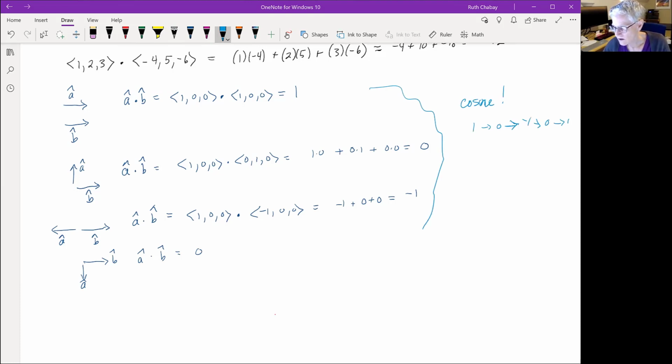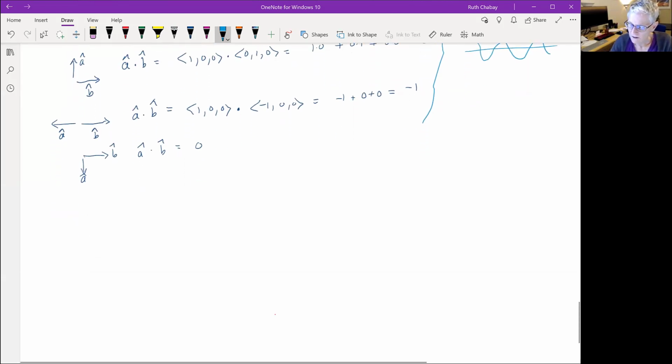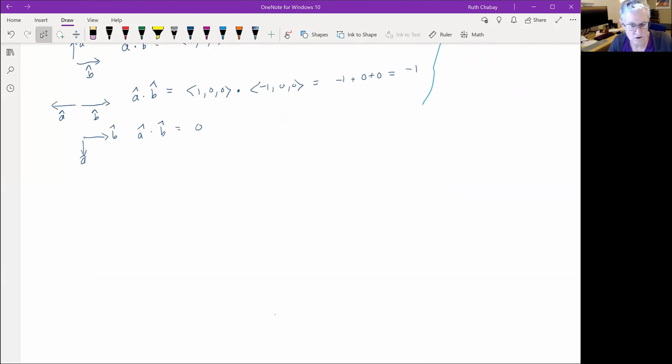Okay, so it's oscillating between 1 and 0 here. And so in fact, the cosine of the angle is actually in here. And so we can extend the ways to evaluate this vector dot product.